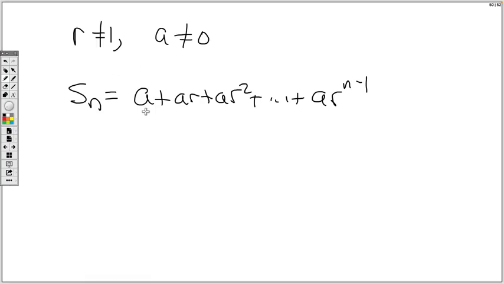Because we're starting off with a and not ar to the first, if we add up n things, we're going to end up at n minus 1 on the exponent. Does everyone see why the n minus 1 on the exponent here is 1 less than the n? Does that make sense or not? It's because we don't have an r here.